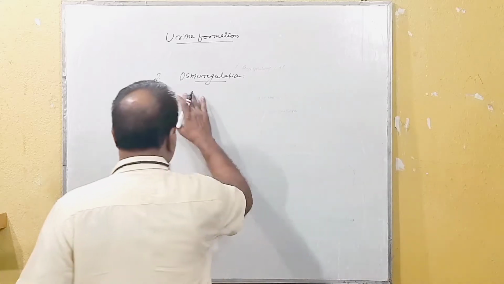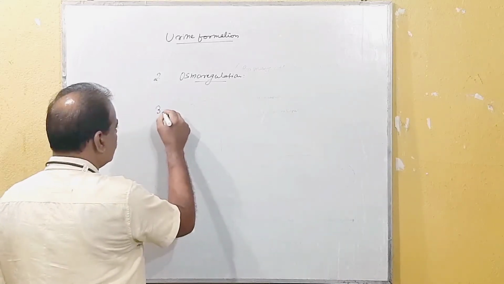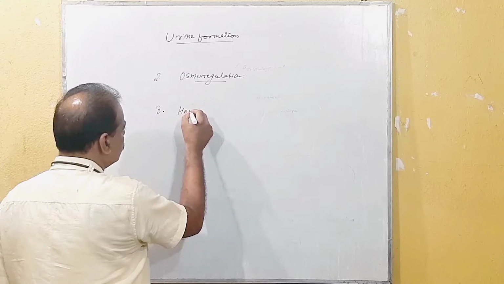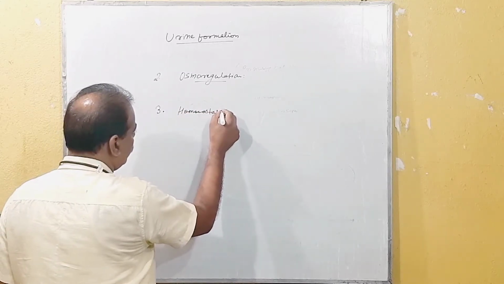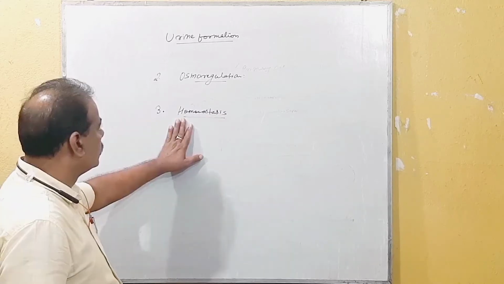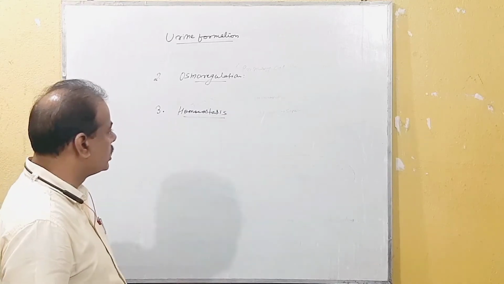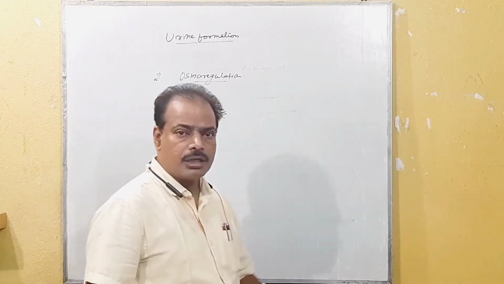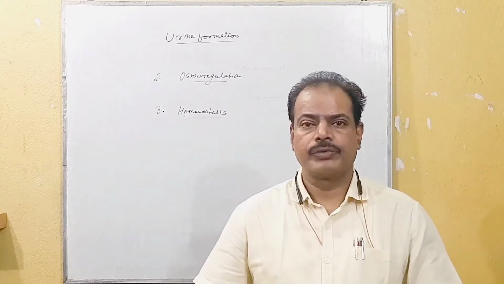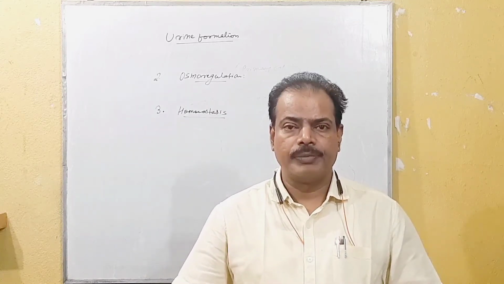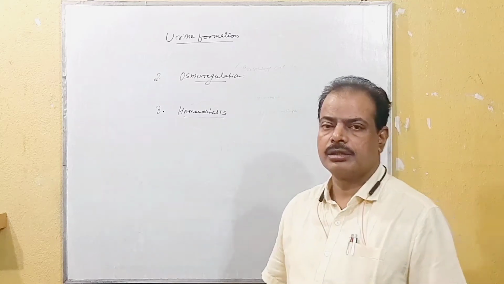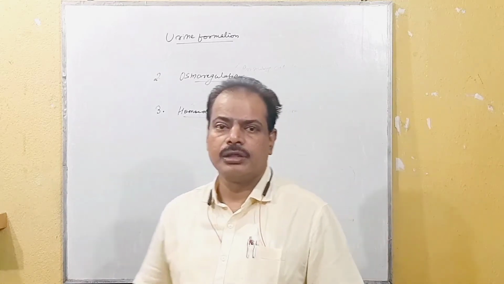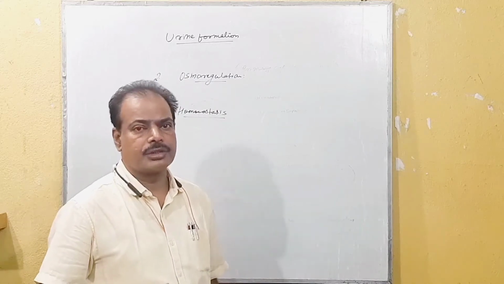And the third function is homeostasis. Homeostasis is the ability of the body to maintain a balanced and constant internal environment while dealing with the changes taking place in the external environment.